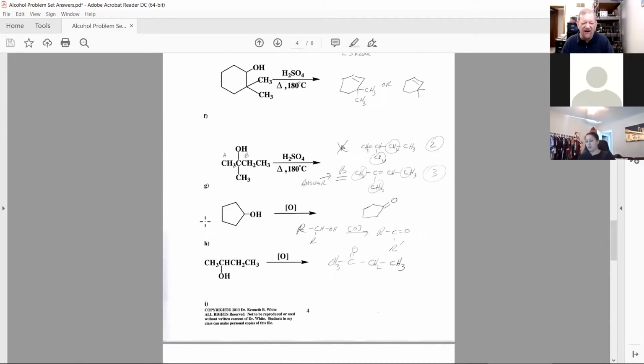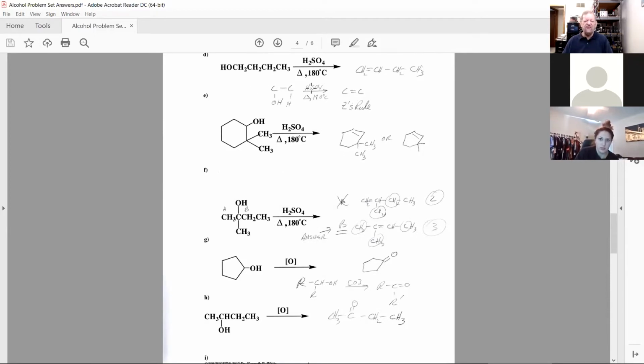And if we look at F as a good example, we have a hydroxyl group on a carbon, and you're adding sulfuric acid. A little triangle means heat. I also give the temperature on the test. A lot of times I don't give the temperature. And a general reaction, which I just nicely wrote on there for you: alcohol with acid and heat.